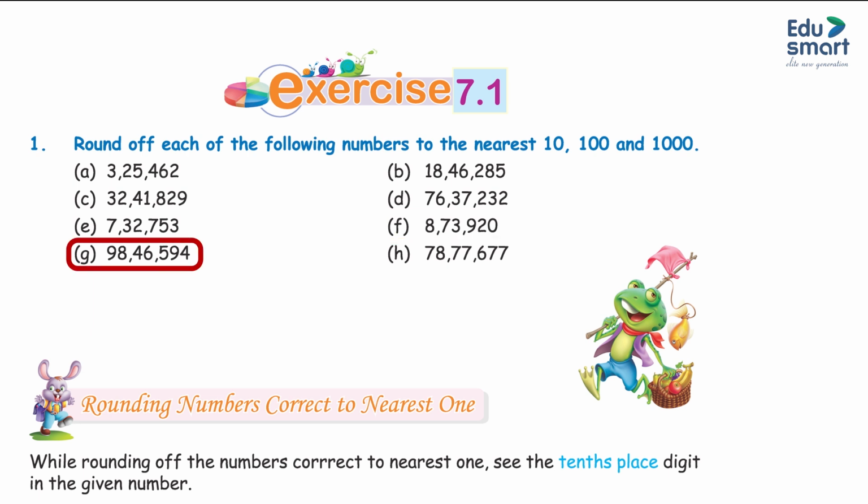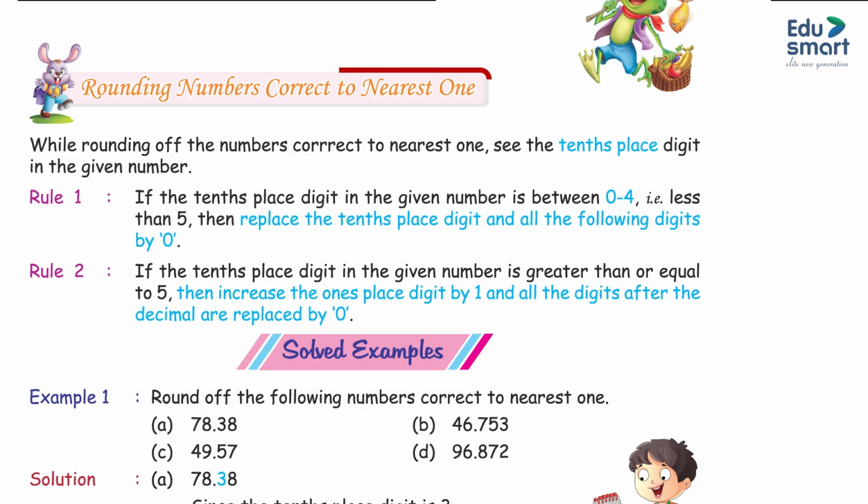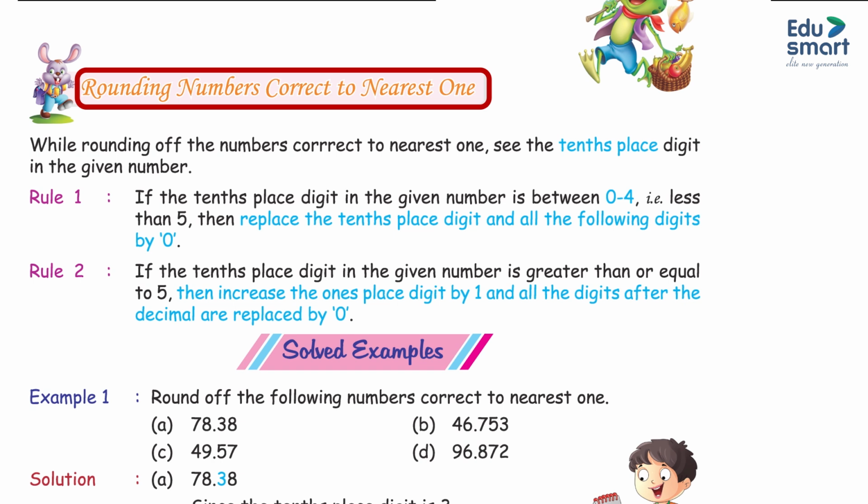G. 9846594: 9846590, 9846600, 9847000. H. 7877677: 7877680, 7877700, 7878000.